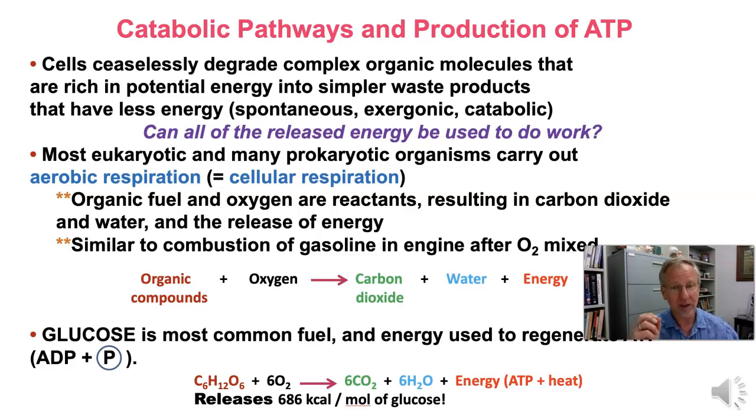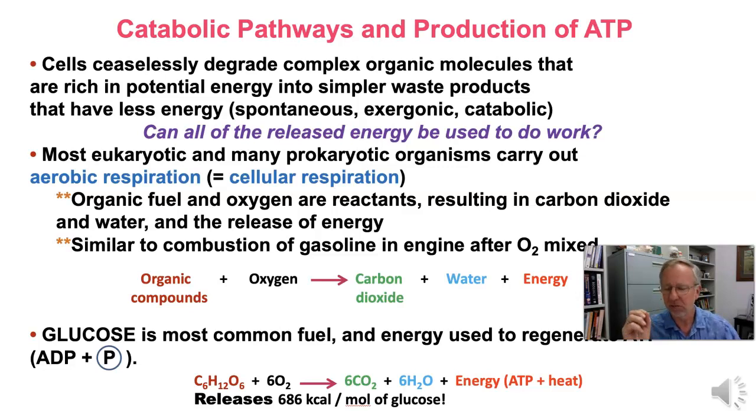So here, as energy is released in cells through the breakdown of complex food molecules, that energy is harnessed to make ATP. So that's a general overview of what this slide is all about, but let's start at the top with the first bullet.